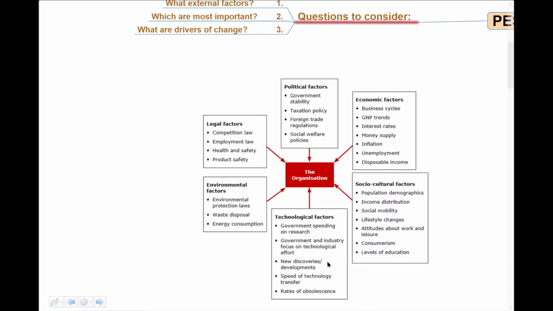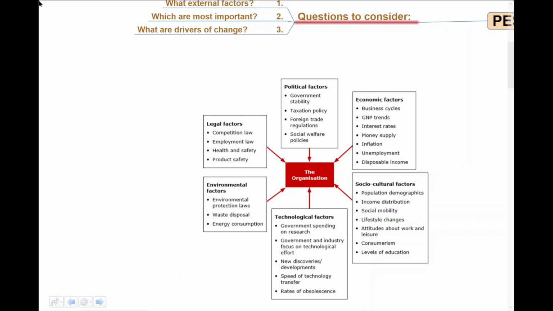We need to know, for example, about possible new discoveries or developments. We need to know about obsolescence. Perhaps a technology that we've been relying on for several years is about to become obsolete, etc.